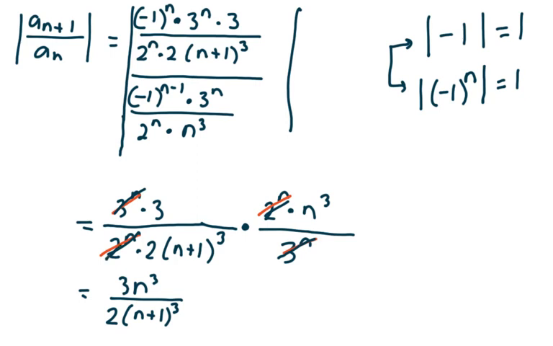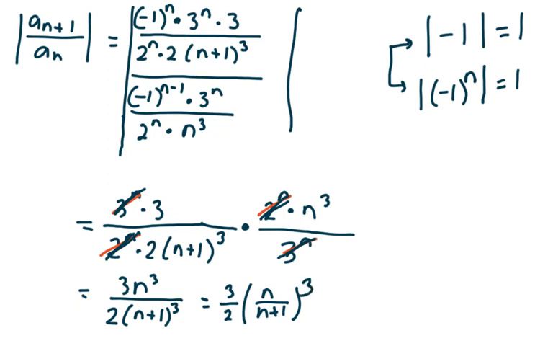So notice the 2^n's cancel, right? And so do the 3^n's. And when you multiply, you get 3n^3 over 2 times (n+1)^3. And if you need to, you can write this as 3/2 times (n/(n+1))^3.